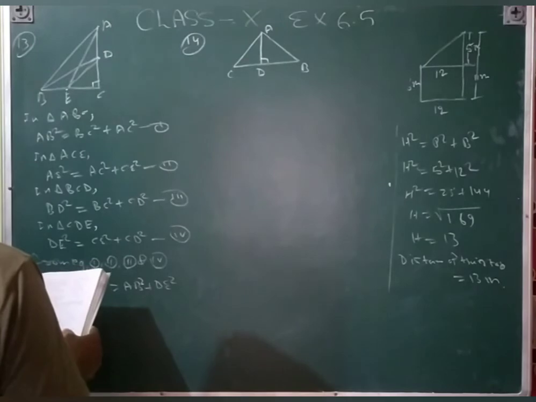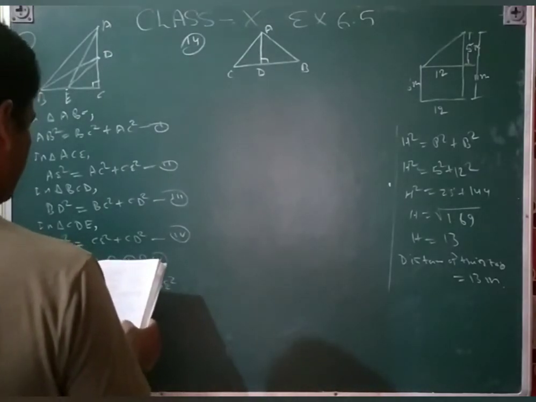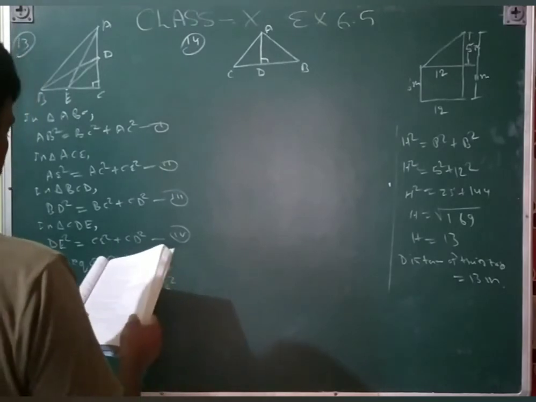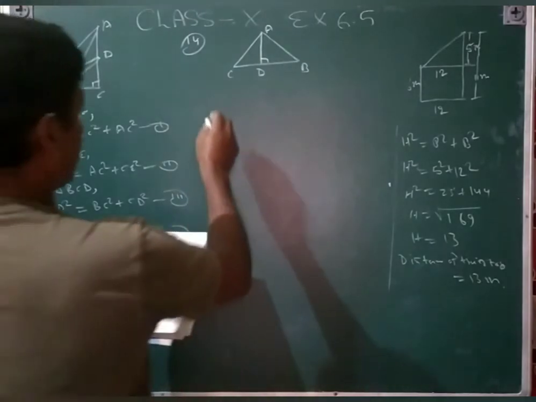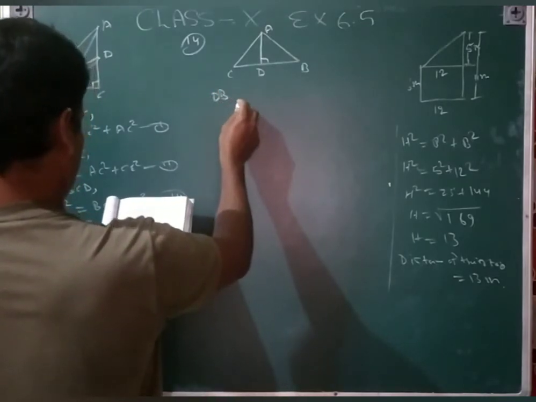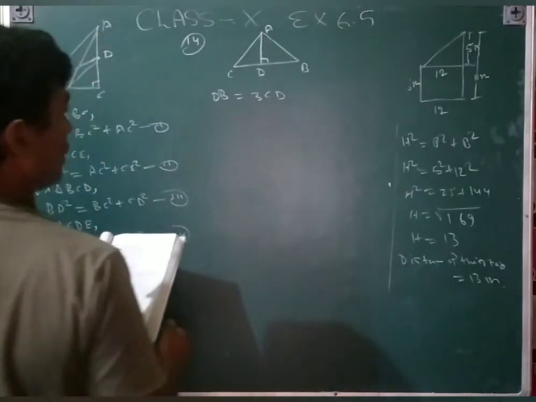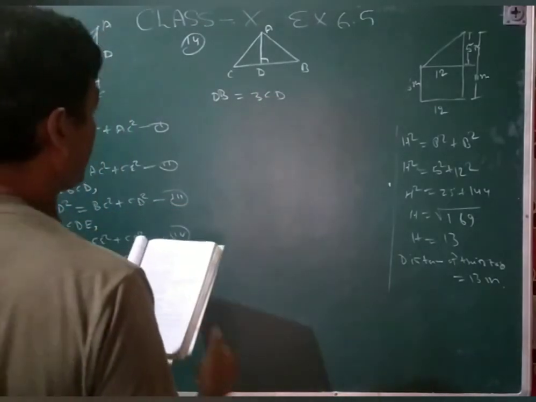So prove that AE... just take a note of that. And one thing more is given here: DB is equal to 3CD.